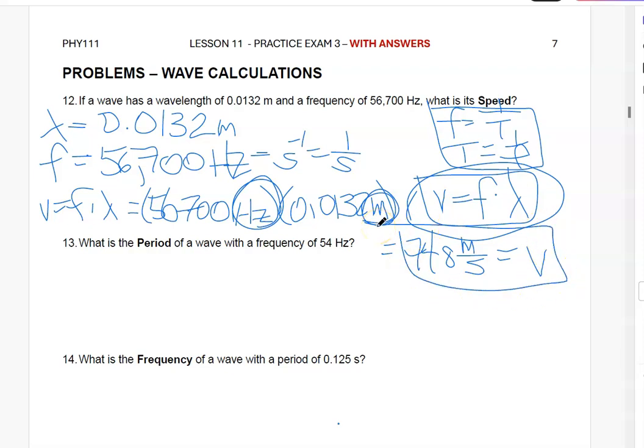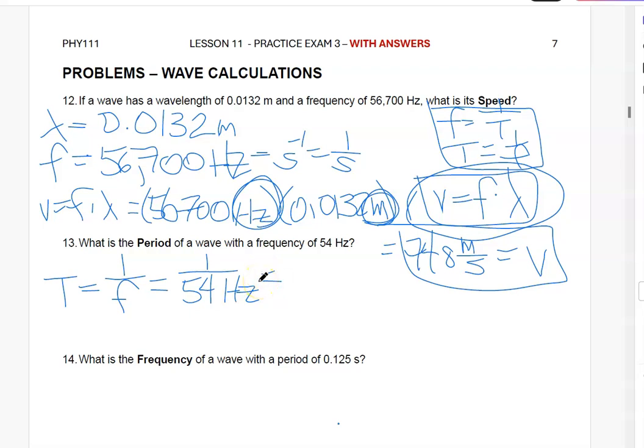The next problem. What is the period of a wave with a frequency of 54 hertz? Well, remember, the period is just 1 over the frequency. It's the reciprocal of the frequency. 1 over 54 hertz, and remember, hertz, again, is per second, or 1 over second.